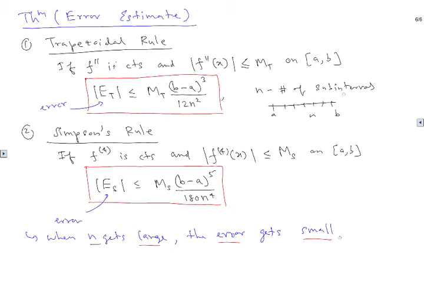But you can see that in the Simpson rule, the error gets smaller much faster because it is n to the 4th power. So you can see the error behaves like what we normally call order n to the 4th. That means it's going to go much faster. In the trapezoidal rule, it's n squared. So good.